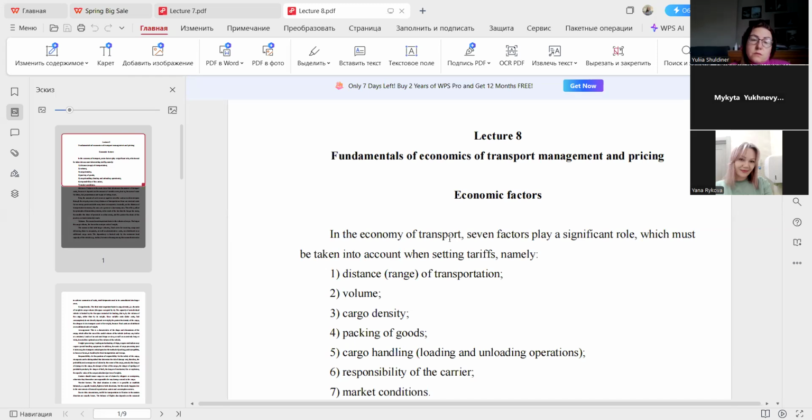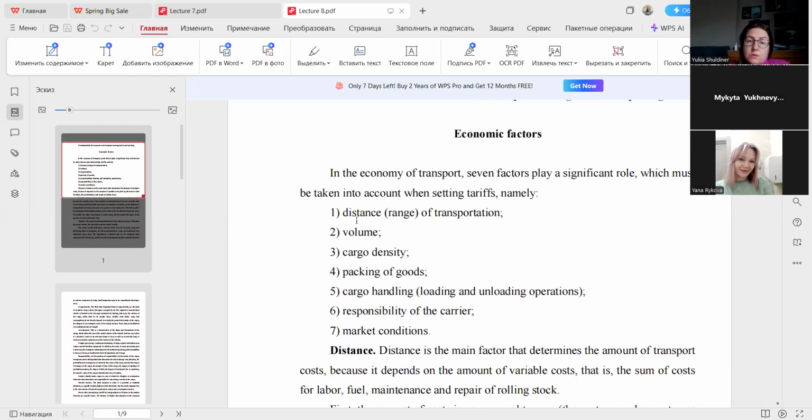These must be taken into account when setting tariffs, namely, first, distance range of transportation, second, volume, third, cargo density, fourth, packing of goods, fifth, cargo handling, loading and unloading operations, sixth, responsibility of the carrier, and seventh, market conditions.